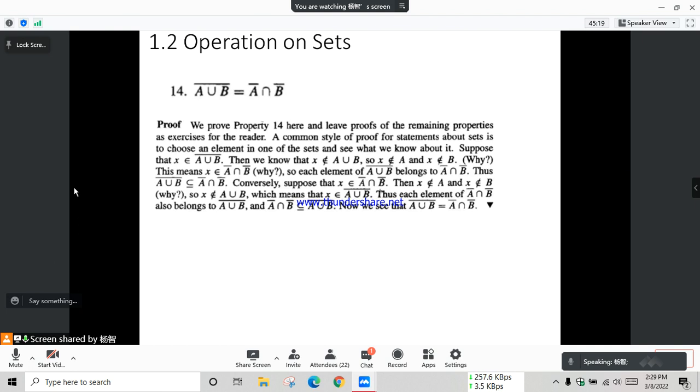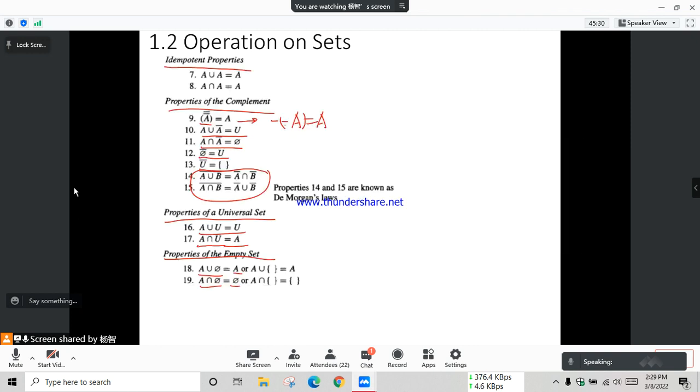I've said that 14 and 15 are difficult to understand. And normally we call the property of 14 and 15 the De Morgan laws.